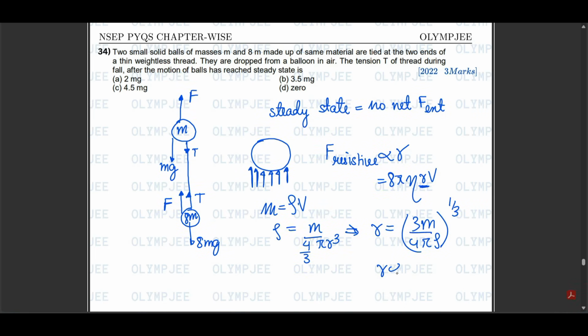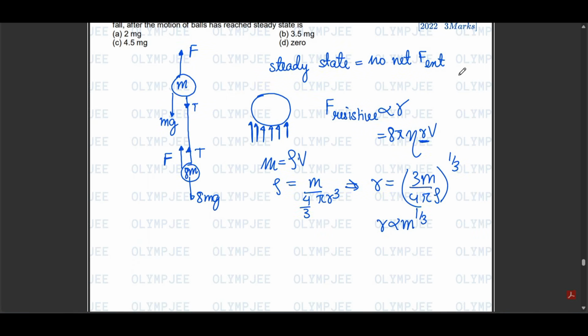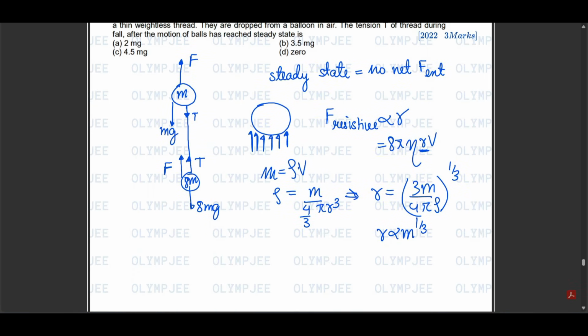So the radius is proportional to mass raised to power 1 by 3. And if we assume that the radius of this ball is R and this is R dash, so R will be proportional to M raised to 1 by 3 and R dash will be proportional to 8M raised to power 1 by 3, which is proportional to 2M raised to power 1 by 3.